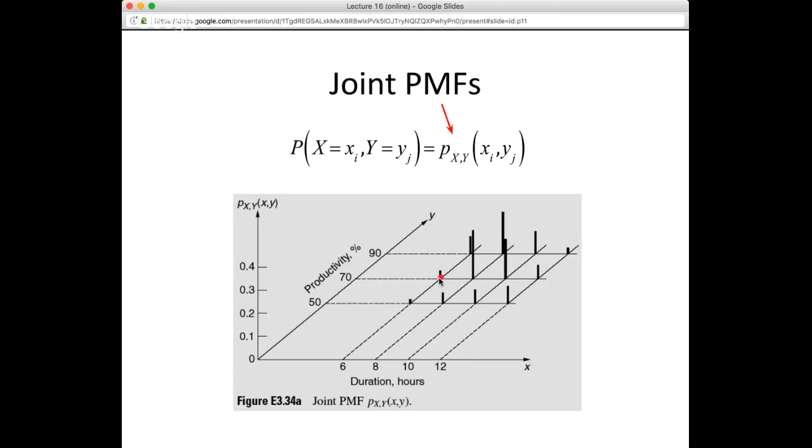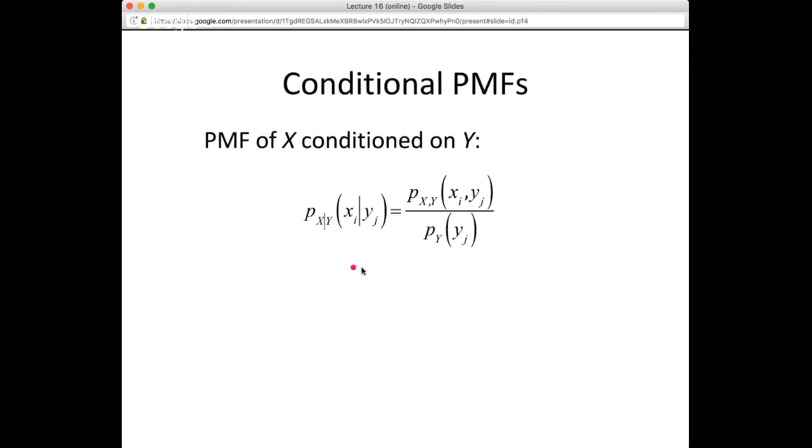And so in that case, we would have the conditional probability, that is the probability of these events, conditioned on the idea that yj equals 70%. And that's what this quantity here is going to give us.